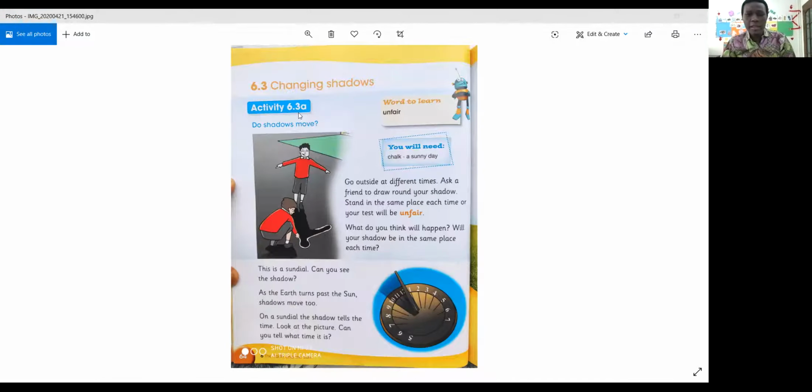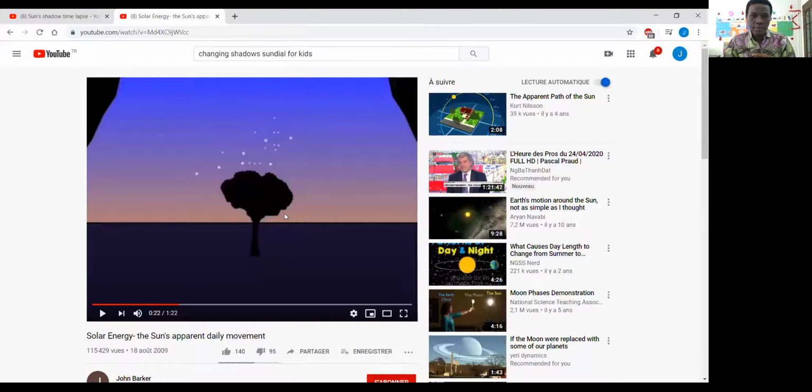Look here, it's just an activity, very simple activity to do. First of all, do shadows move? Can a shadow move? So look by yourself, try to understand from this video, and after watching we will discuss about it. Here we go.